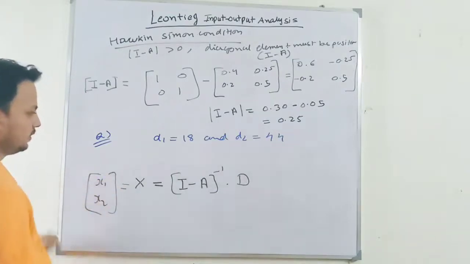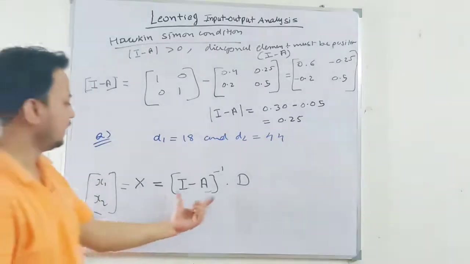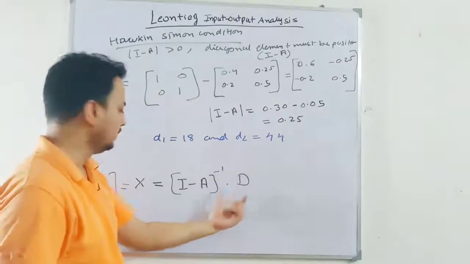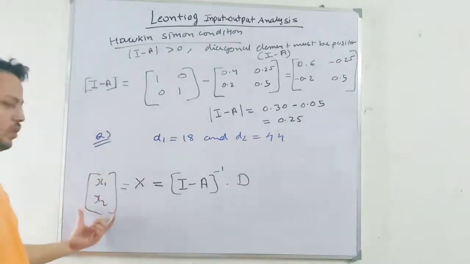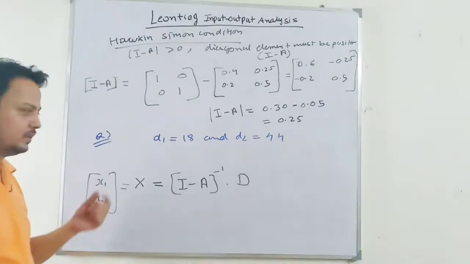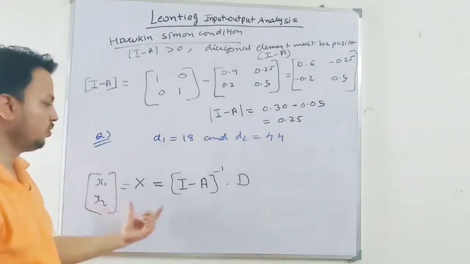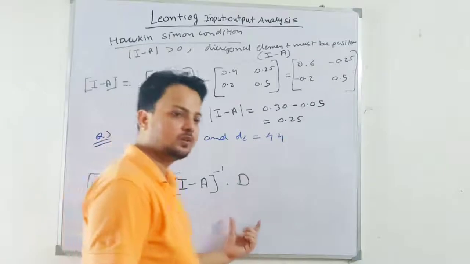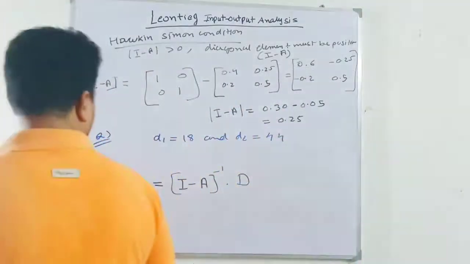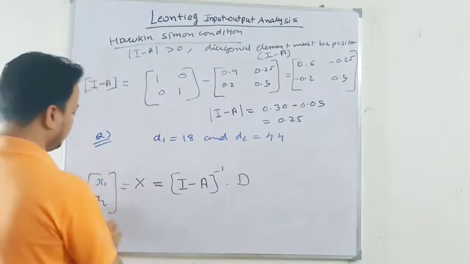So I will put this new demand here, then I will get my production at equilibrium where total production will be equal to total internal demand plus total external demand.